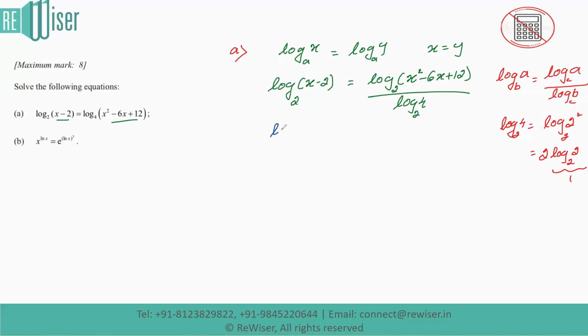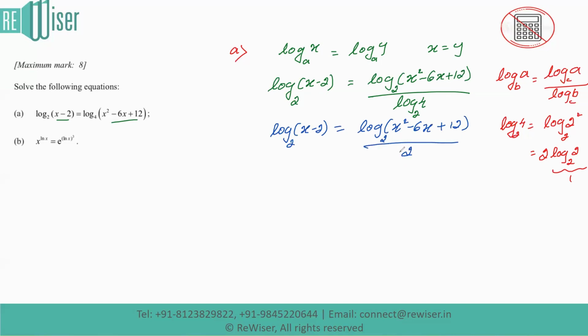In that case, I will have log of x minus 2 to the base 2 is equals to log of x square minus 6x plus 12 to the base 2, and the entire thing divided by 2.